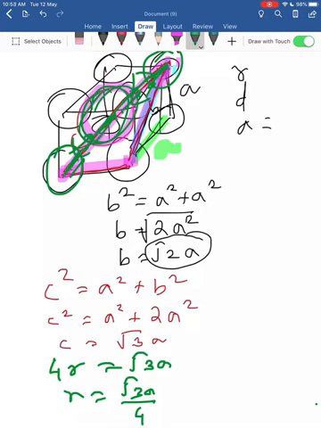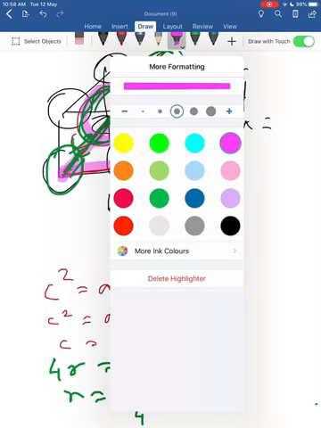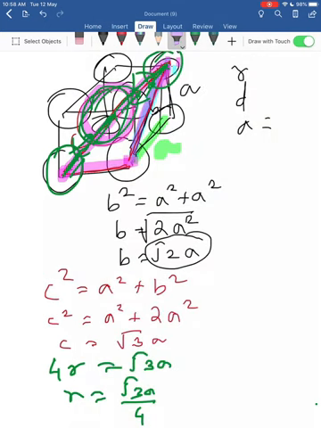Now if you are talking of the nearest distance between 2 spheres, I'll take this sphere and this sphere. Let me take another color now. The nearest neighbors are this sphere in the middle and this sphere. These are the 2 spheres which are the nearest neighbors.